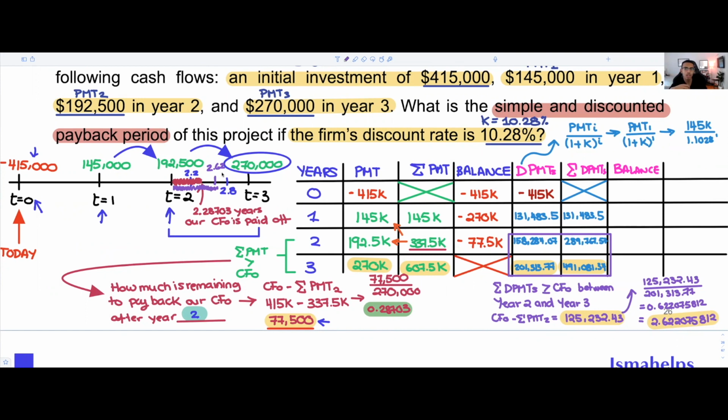Because we're discounting them, it's going to take us more time to recoup our original investment. And for that reason, it's a rule that a discounted payback period will always be longer than the payback period. And within these two examples, you're able to really see that.